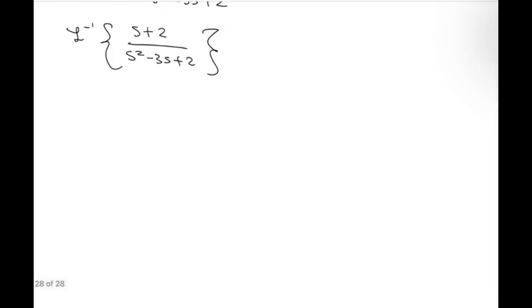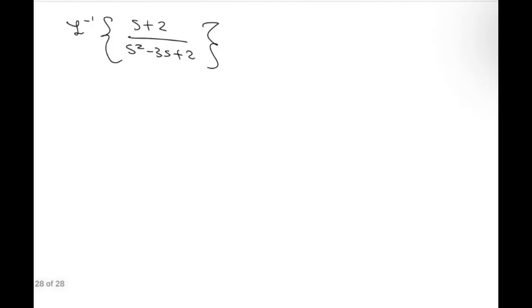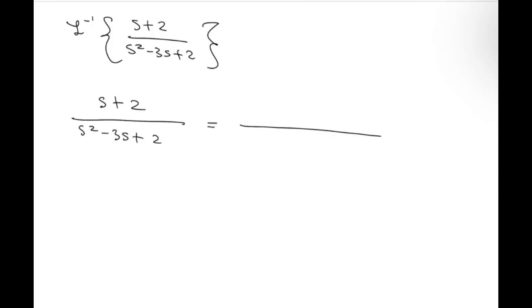Alright, first we want to decompose this fraction into partial fractions. So let's write the fraction first. S square minus 3s plus 2 into fraction. So first let's observe the denominator, this one. Can we factorize this quadratic expression?